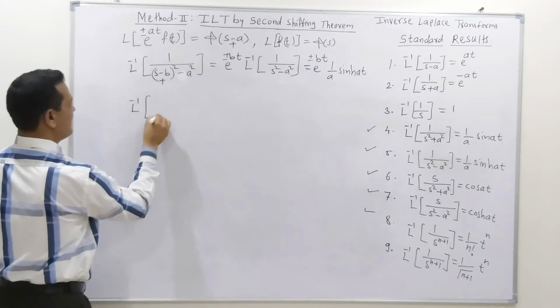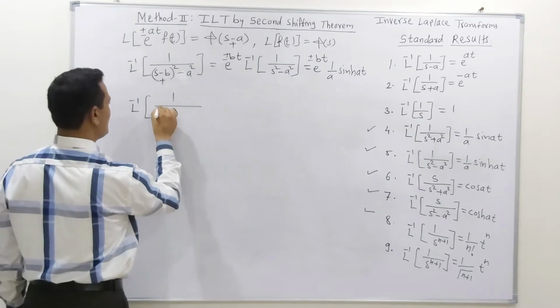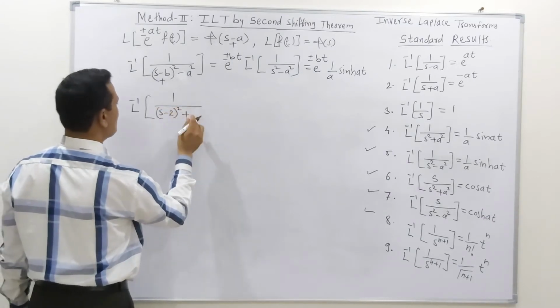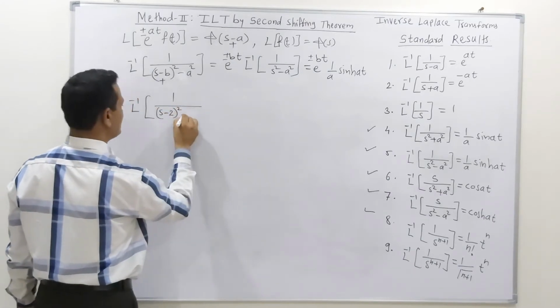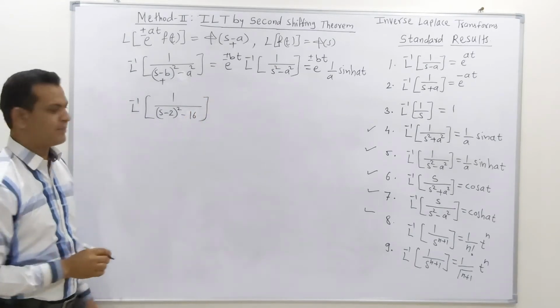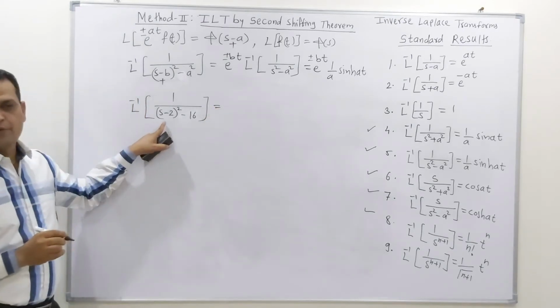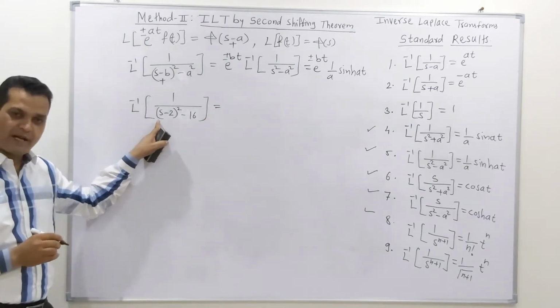For example, inverse Laplace transformation of 1 upon (s minus 2) whole square, then minus, suppose this is 16. To find its inverse Laplace transformation, observe that 2 is subtracted from the parameter s.